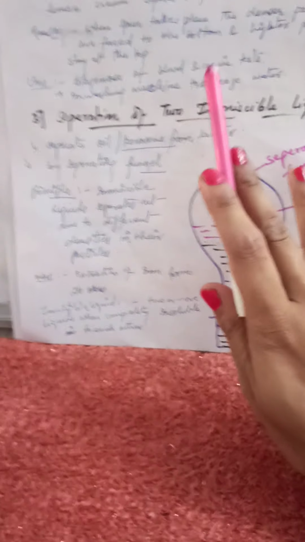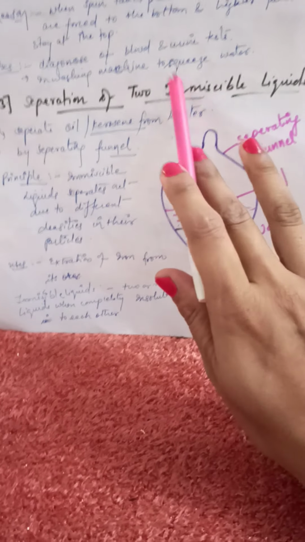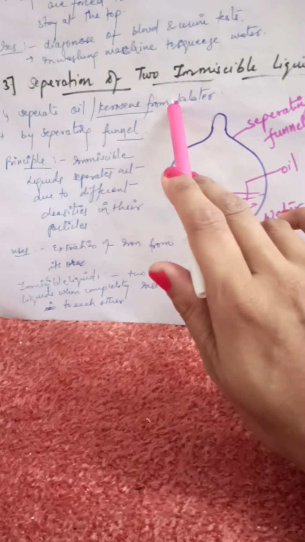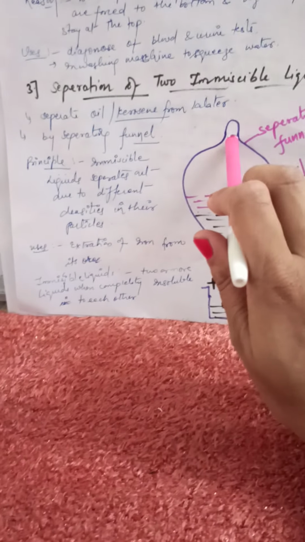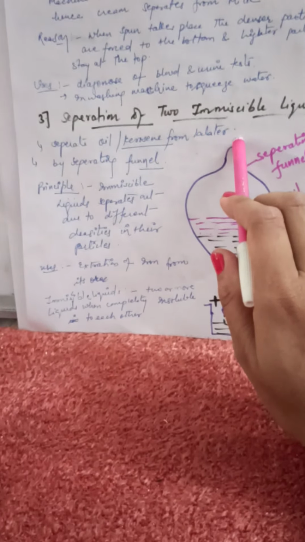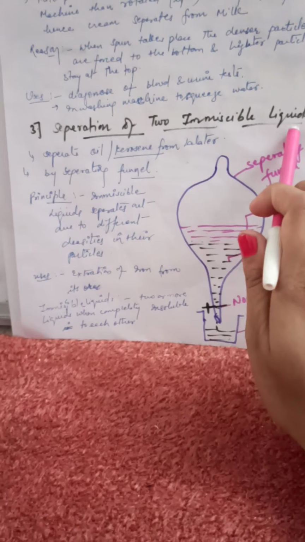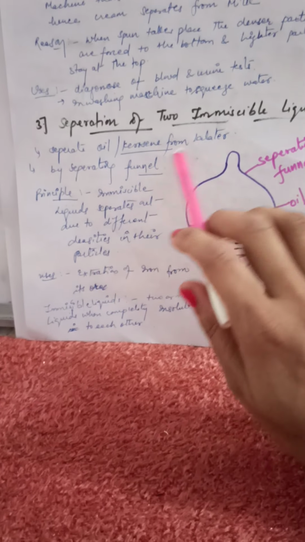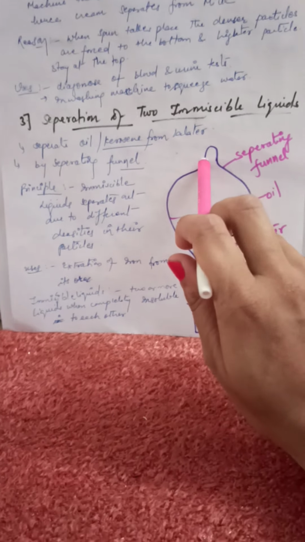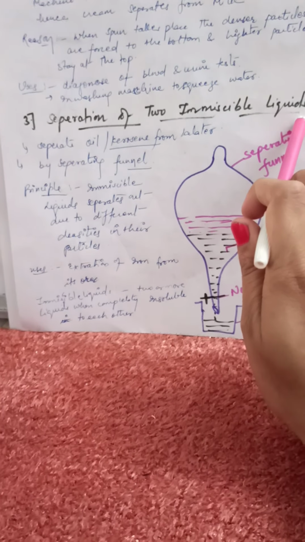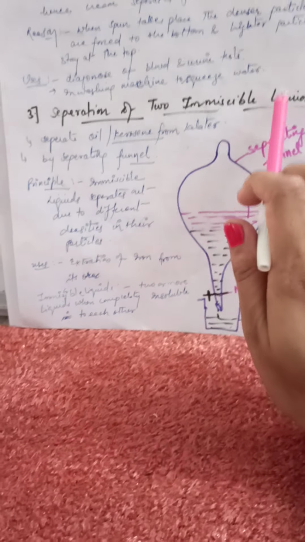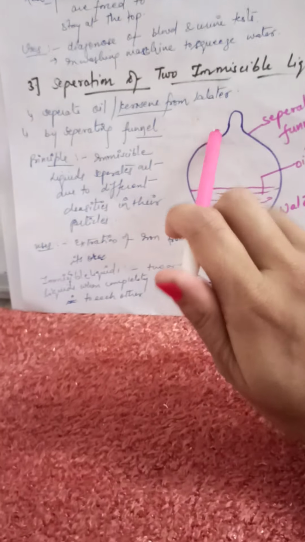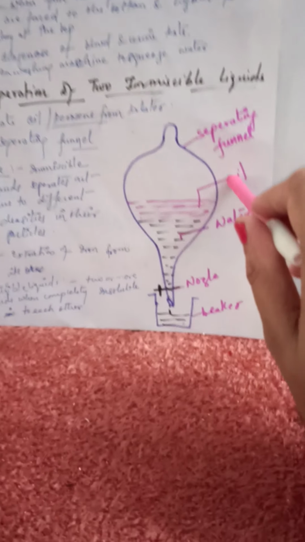Any two or more substances present in a mixture which are not going to mix completely are known as immiscible liquids. Here the state is liquid, meaning whatever components we take in the mixture are both in one phase, that is liquid. They may be of different phases, it depends.